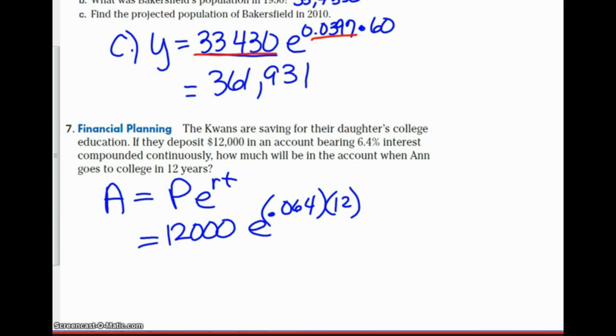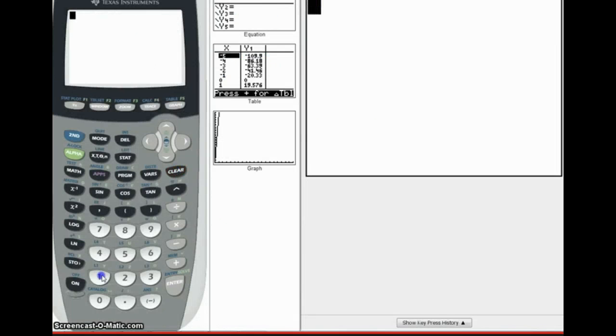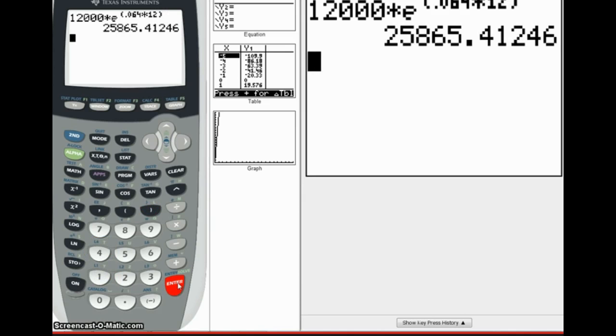All right, let's work that through. I'm going to get the calculator up. We had our 12,000, and we multiplied it by e to the power of 6.4%, so 0.064, times 12 years. We get 25,865, and I'm going to round it to that.